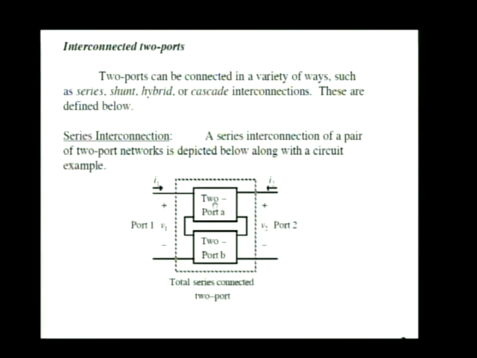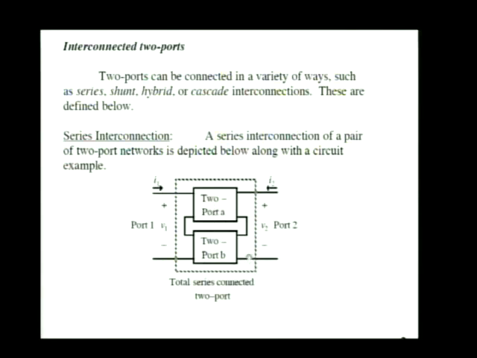It's not 2-port A followed by 2-port B with wires connecting the output of the first 2-port to the input of the second 2-port like you would a pair of resistors. That's not a series interconnection. We'll look at that one. That's coming up. But that's not what we call a series interconnection. This is the definition of the series interconnection of a pair of 2 ports.